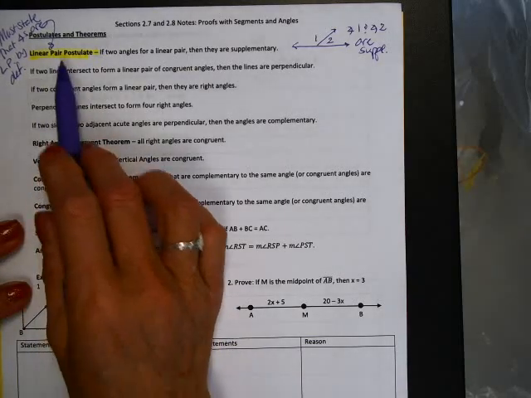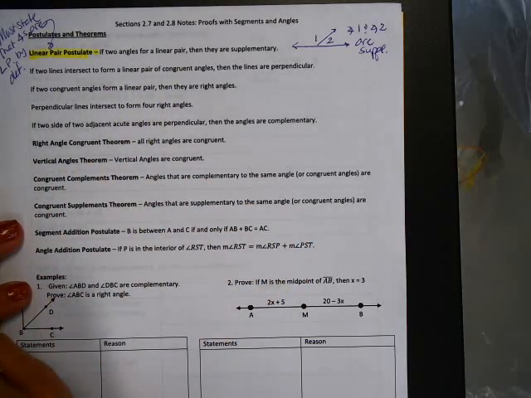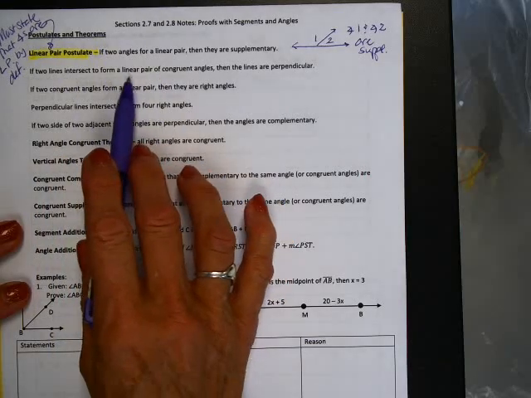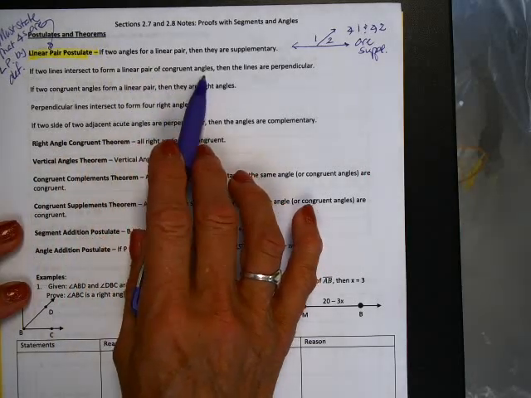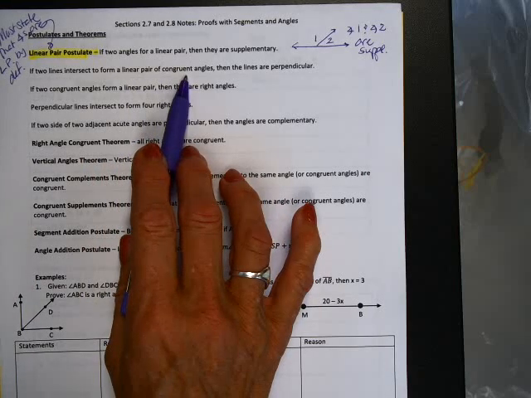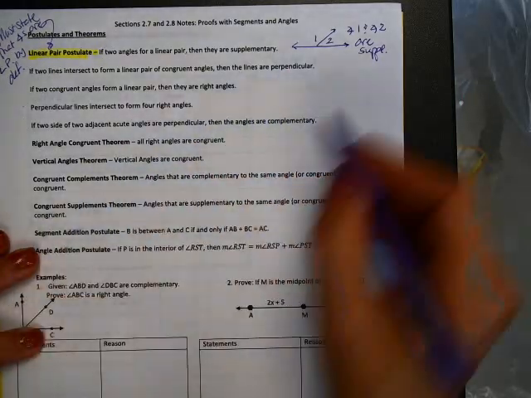Alright, some of these don't have names to them. They're just theorems that you actually have to write out if you use them. If two lines intersect to form a linear pair of congruent angles, so you know they're supplementary, and if they're congruent, guess what? They have to be 90 degrees. They have to form right angles. They are perpendicular.